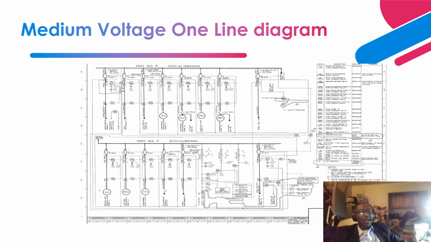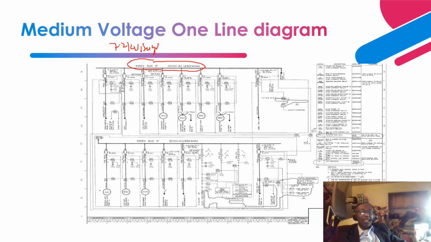Okay, so now let's talk about another medium voltage one-line diagram, and this time it is a 4.16 kV switchgear, instead of the 7.2 kV switchgear we talked about in the previous slide. This is an auxiliary bus, and I made mention that the goal of this bus is to provide support to auxiliary loads that are part of the generation facility.